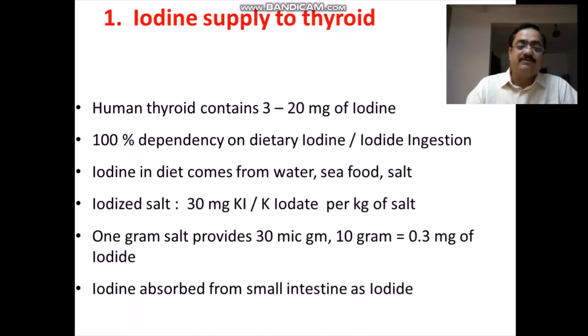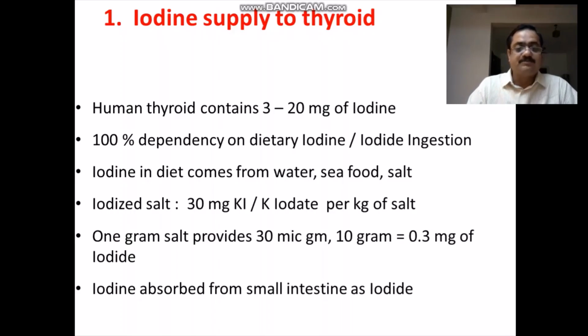Iodized salt, we all know 30 milligrams of potassium iodide per kg of salt is available, and 1 gram of salt provides 30 micrograms of iodine, or 10 grams provide 0.3 milligrams of iodide.